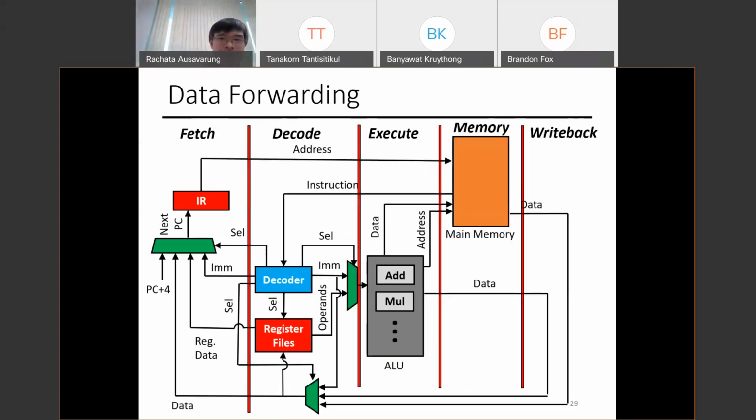Basically, over here, if you're doing n plus 1 and n plus 2 right here, and during the execute stage n plus 1 generates this dependent data right here, it forwards that data here for instruction n plus 2.